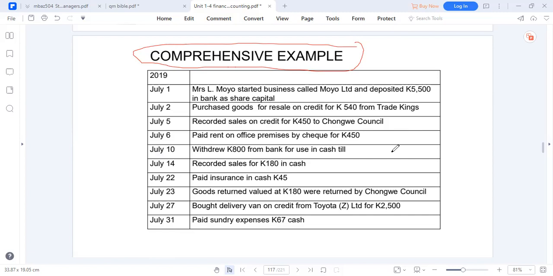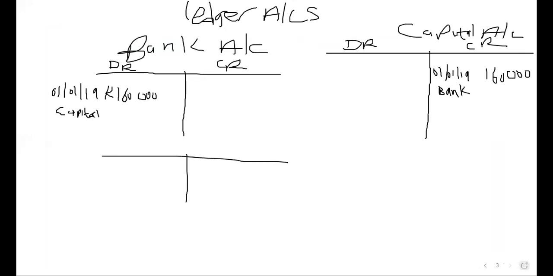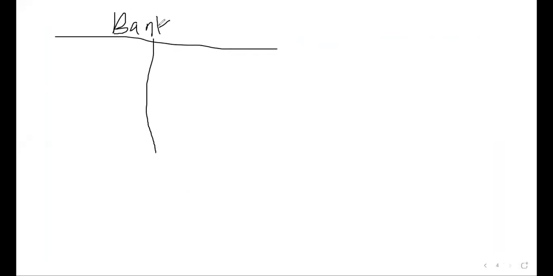This person has started a business with 5,500 deposited in the bank as capital. So we will open up 2 accounts: the bank account and, of course, the capital account.